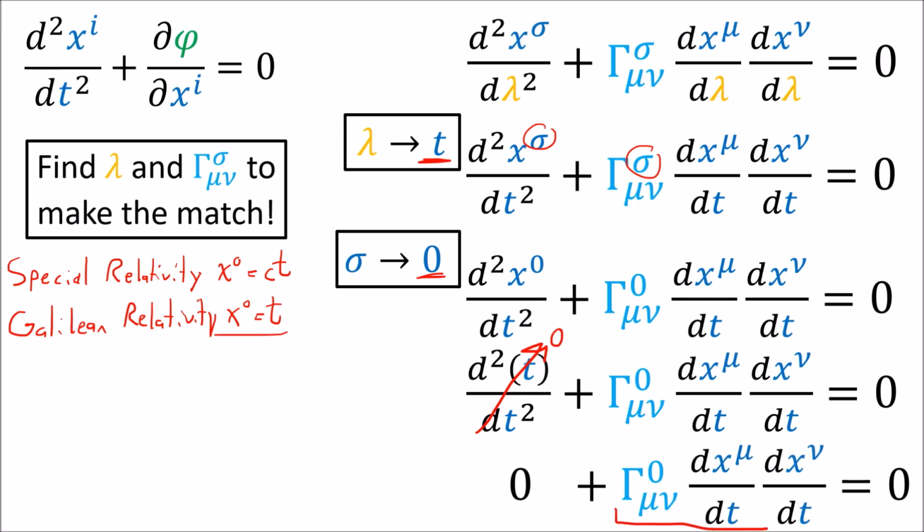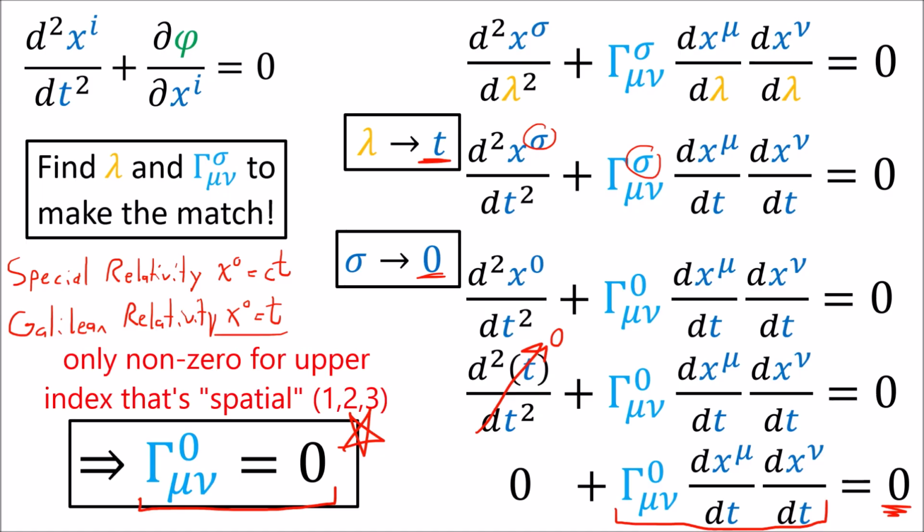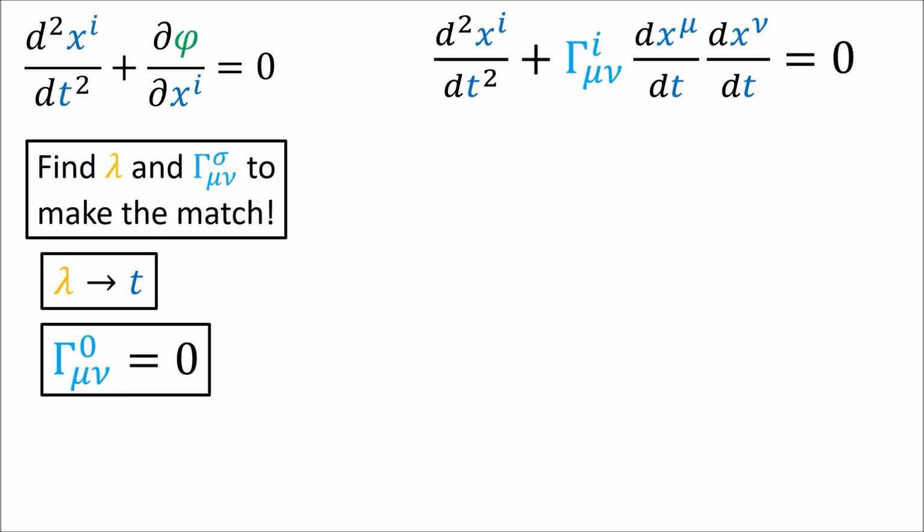Since this term is always equal to 0 regardless of the spacetime coordinates, this implies that the connection coefficients with 0 as an upper index must always be 0. So the upper indices for the connection coefficients are only non-zero for the space components 1, 2, 3. Now the first terms match, but let's look at the second terms.